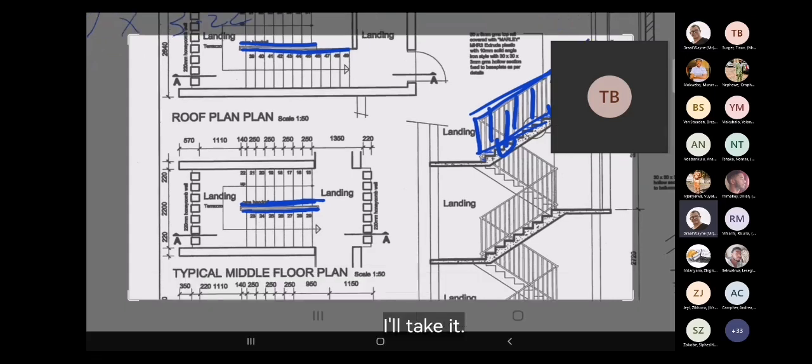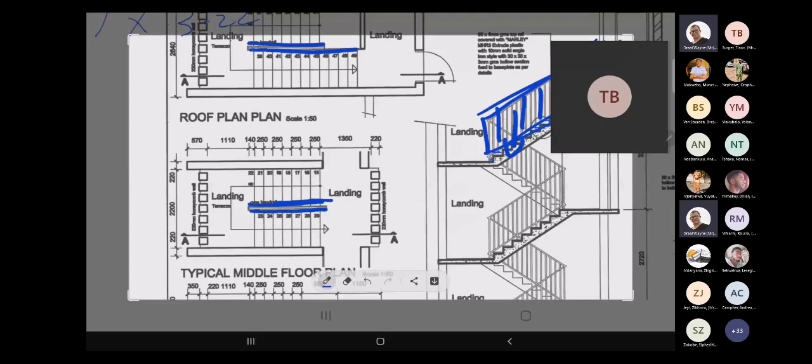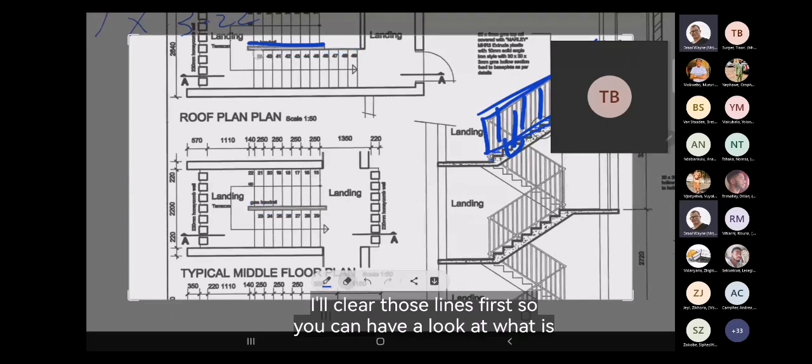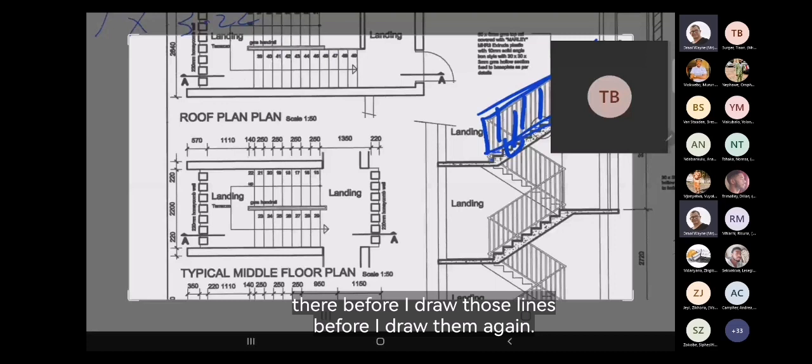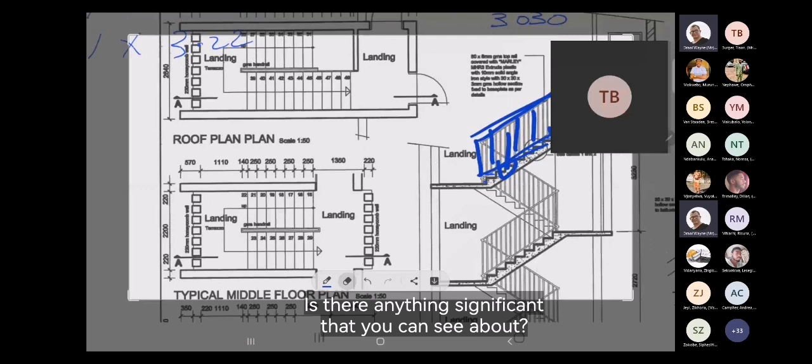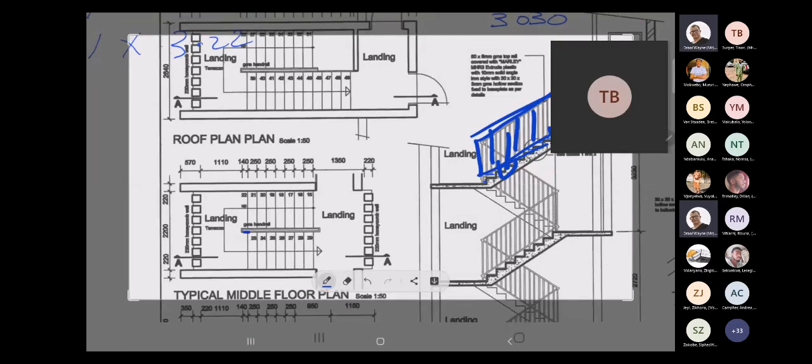I'll clear those lines first so you can have a look at what is there before I draw them again. Is there anything significant that you can see about that line? That line?